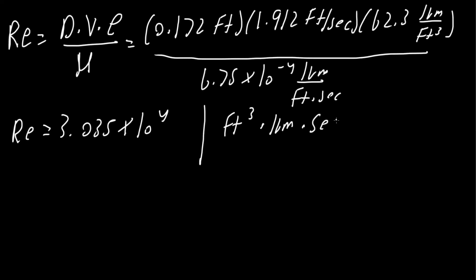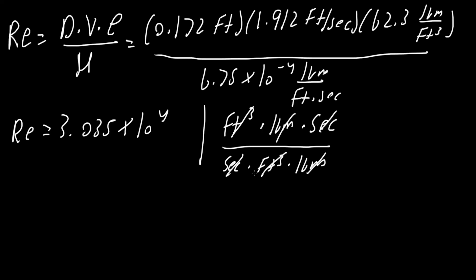Now this whole thing is divided by seconds, feet cubed, times pound mass. Feet cubed cancels, seconds cancel, pound mass cancels. And so it is dimensionless. So Reynolds number is equal to this number. This is one answer that we're looking for.